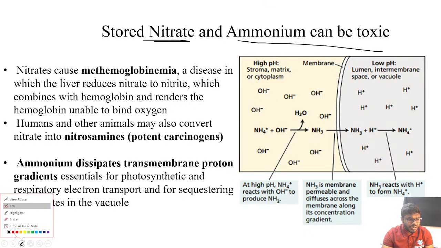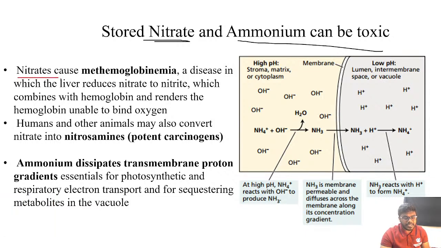So friends, stored nitrates. If I don't use the nitrates and don't convert them, what is happening, friends? Nitrates cause a condition. What do you call that particular condition? Methemoglobinemia. What is this methemoglobinemia?